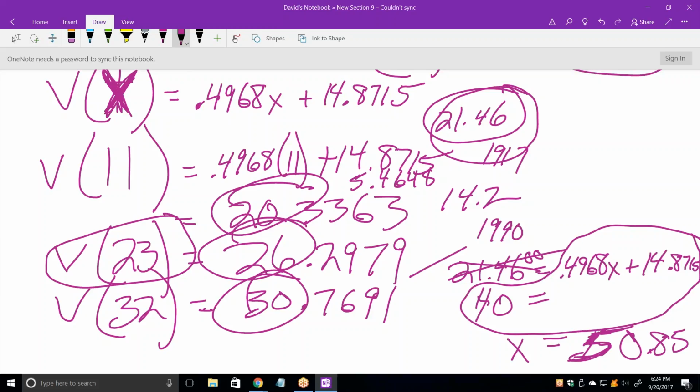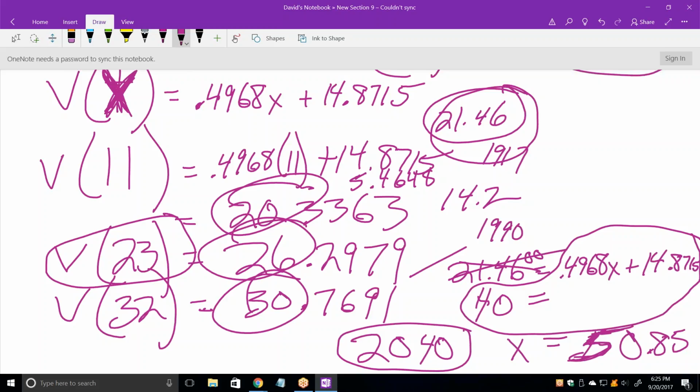Okay. Rounded to what year is that? From 1990, if you add 50.85 years, where is it? Is it going to be 2040 or 2041?